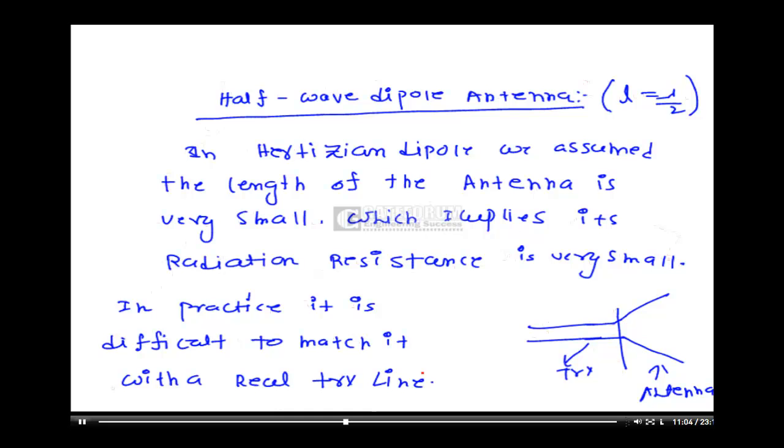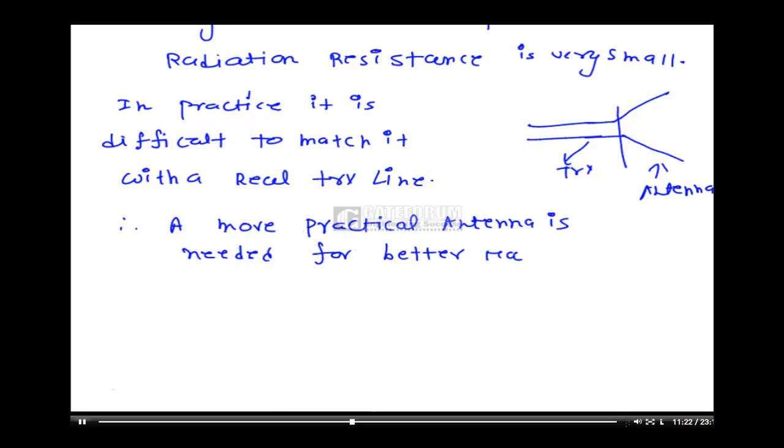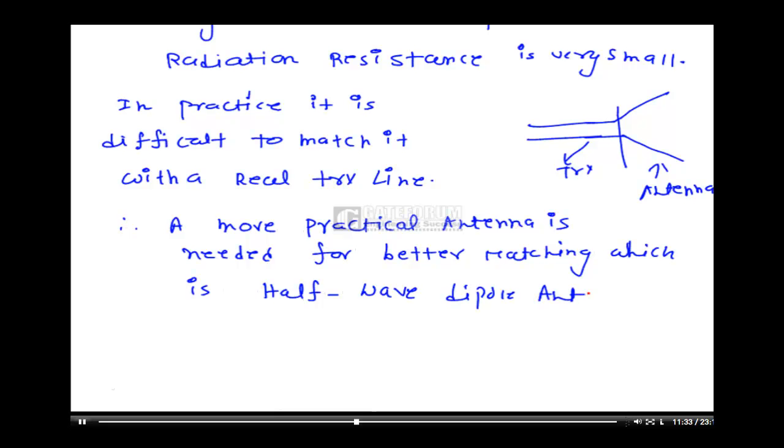Therefore, a more practical antenna is needed for better matching, which is the half wave dipole antenna. That's why we are going for the half wave dipole antenna, because the Hertzian dipole radiation resistance is very small. So practically it is not possible to match with a real transmission line.